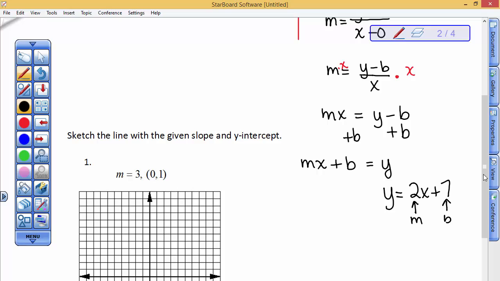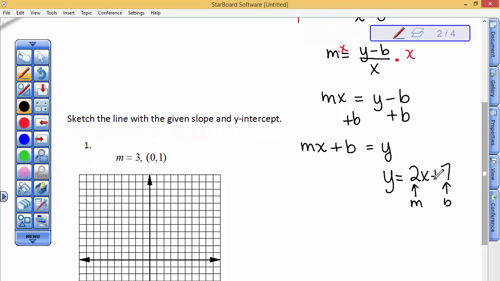And I could graph this knowing the slope and the y-intercept, just like in this problem that I'm going to do in a minute. I know the slope and I know the y-intercept. I'm going to graph it and write the equation from this model. We're going to come back in our next segment and use y equals mx plus b, which is slope-intercept form of a linear equation, and we're going to graph from that.